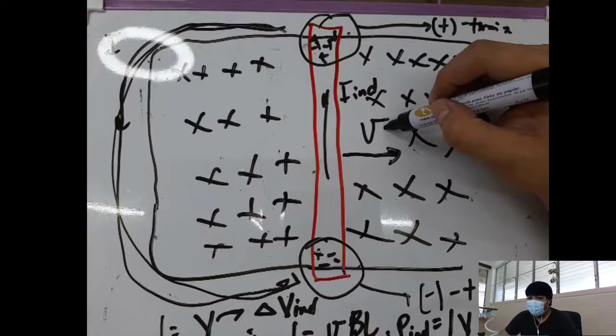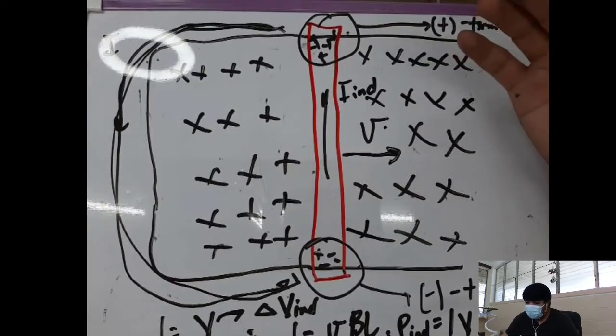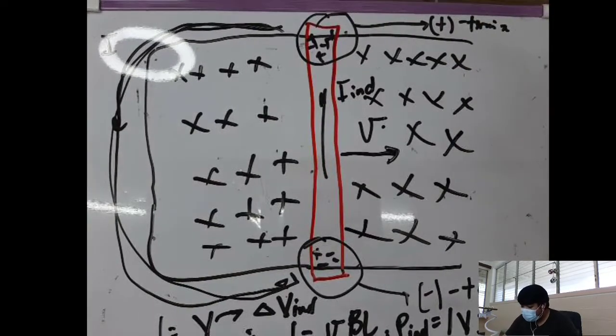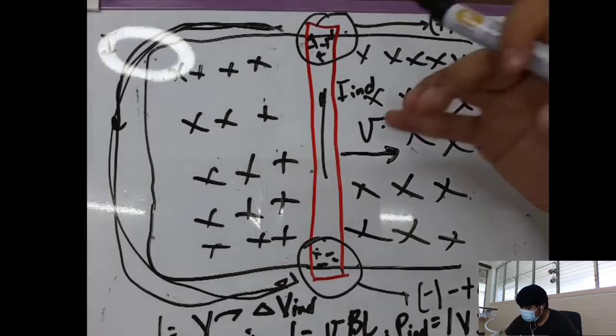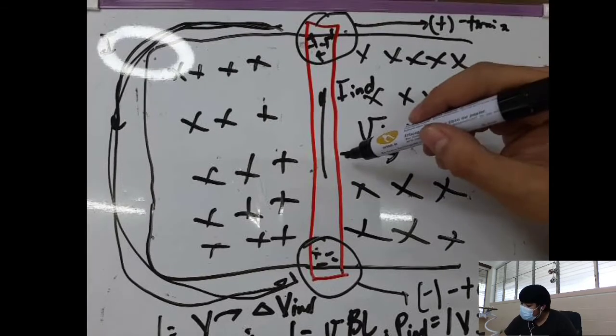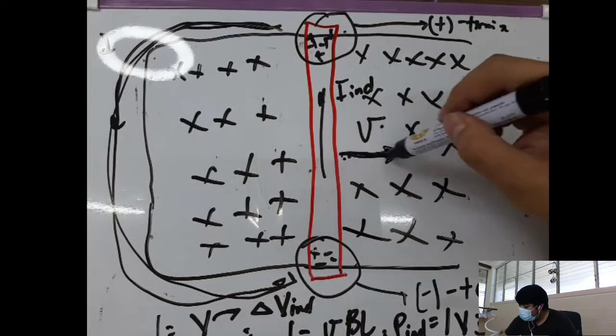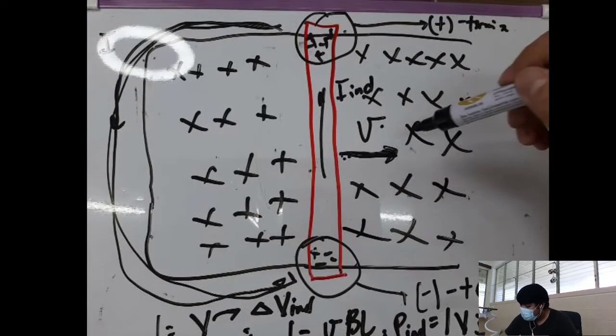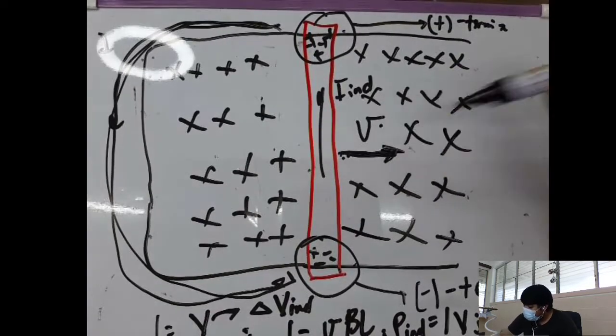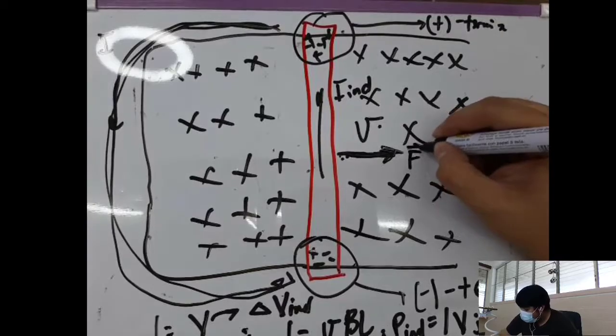So let's say we're trying to pull the conductor in this direction, with a force here that is F pull.